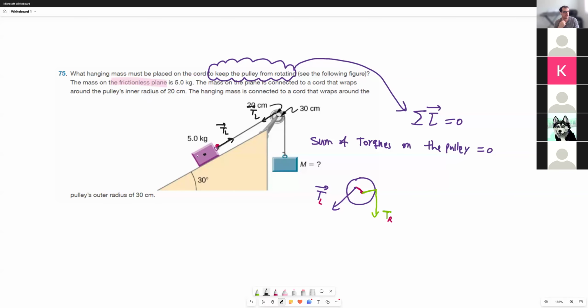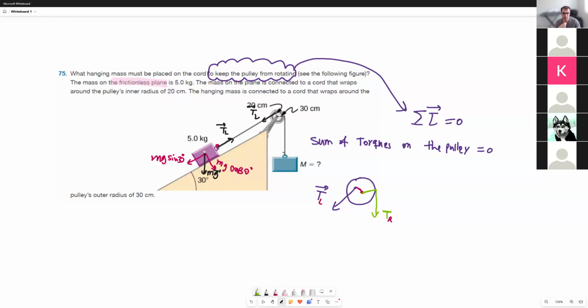Exactly, that tension has to be equal to the component of gravity. If this is mg, this is mg sine 30 degrees, right? And this is going to be normal force, and this is going to be mg cosine of 30 degrees.